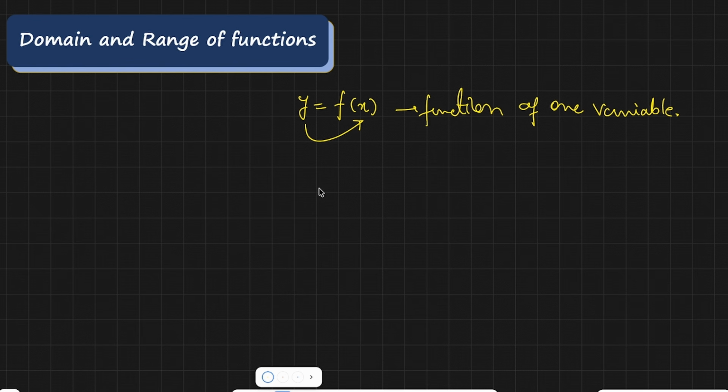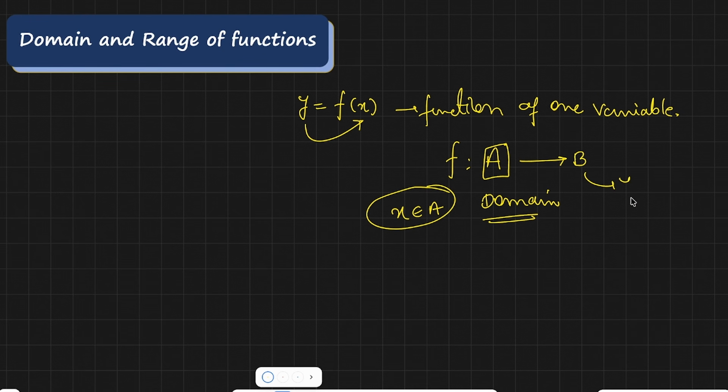And we know that any function, let's say this function f, is basically a machine. So this function is defined from, let's say, some a to b. So this a is called the domain, from where I will take the input. So my x will belong to the domain, and y will belong to this b set, and this b set is known as the codomain.